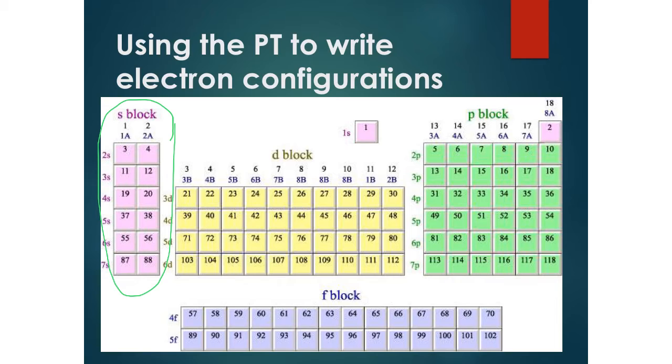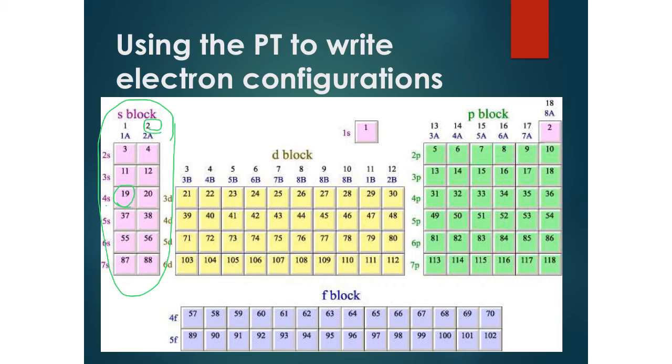So anything in group 1 is going to end with its electron configuration being S1. So for example, if we're potassium here at atomic number 19, it's going to end with 4s1.